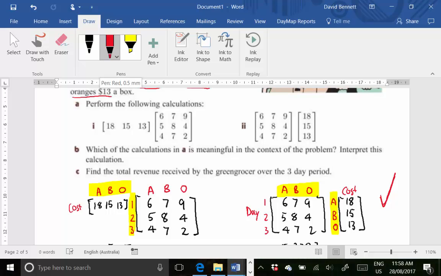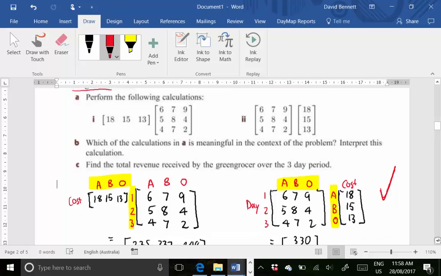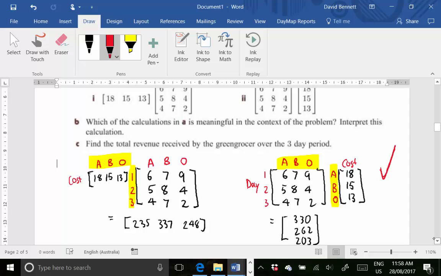Think about it. I've got 6 boxes of apples on day 1, I'm timesing it by $18. I've got 7 boxes of bananas, timesing by $15. And 9 boxes of oranges, timesing by $13. So day 1, I'm making $330. Day 2, I've got 5 boxes of apples times 18, 8 boxes of bananas times 15, and 4 boxes of oranges times 13.